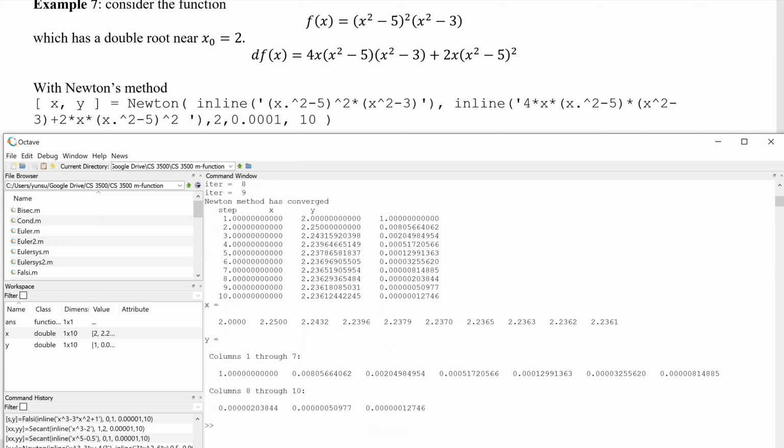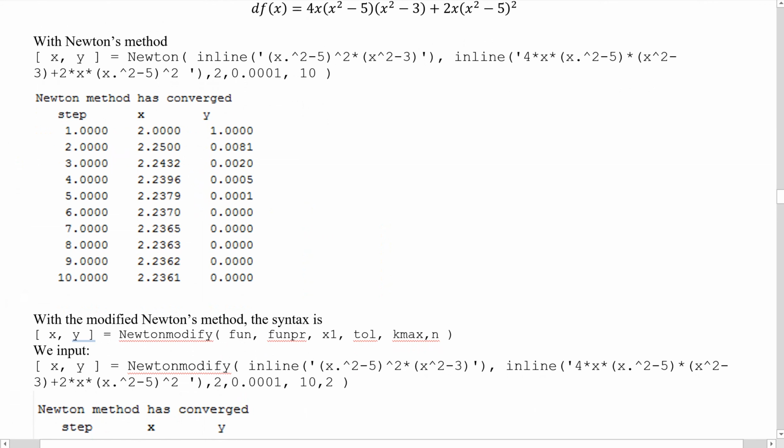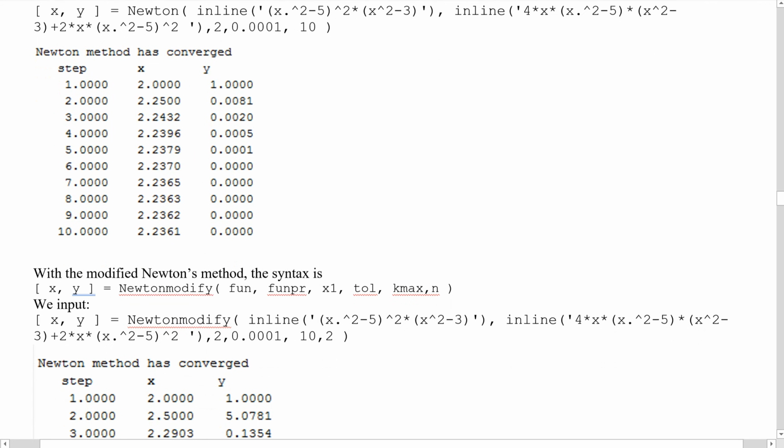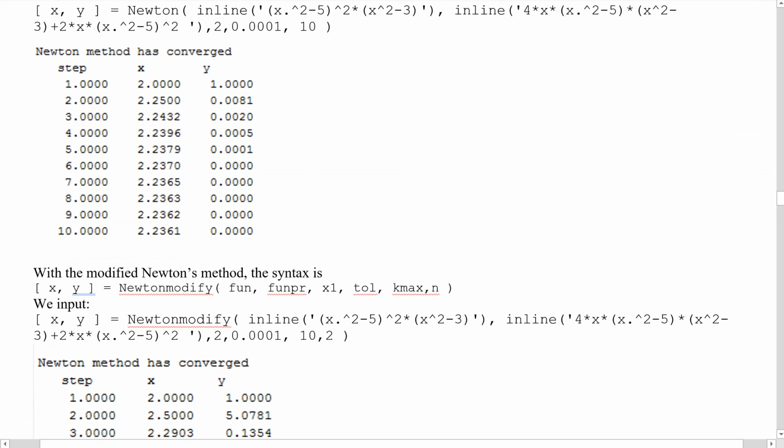You can see the numbers are getting closer, smaller. It's converging, and we get x is 2.2361. The MATLAB output aligns better. This is what happens when you use MATLAB, but I don't have MATLAB on my home computer.